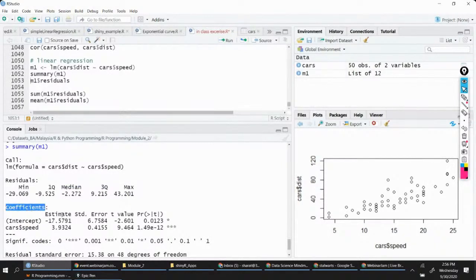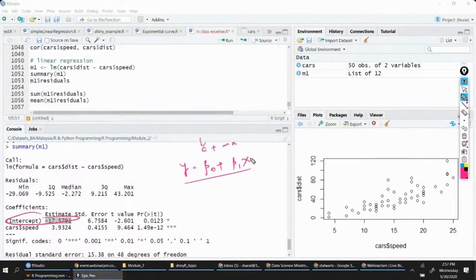Then coefficients. These are nothing but your M and C. This is M, this is your C. So we represent that as beta naught and beta 1. What is your equation? Y is equal to beta naught plus beta 1 x. This is how we represent. This is intercept. So that intercept is here.